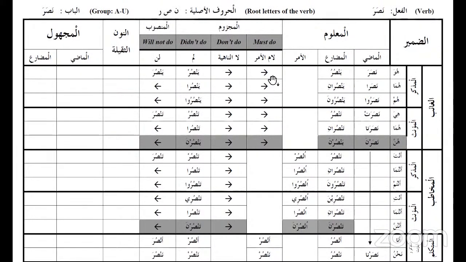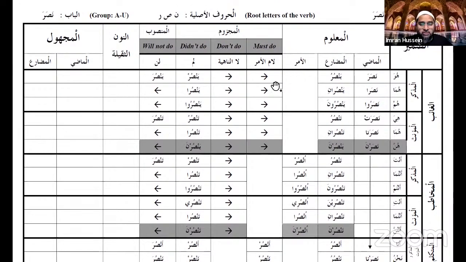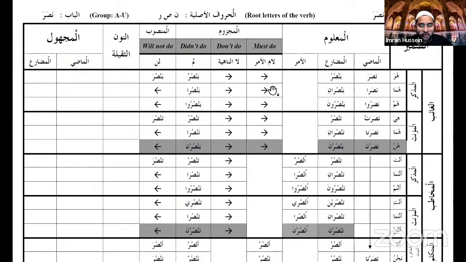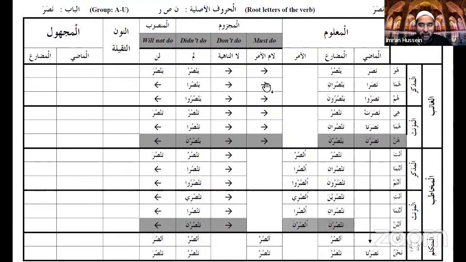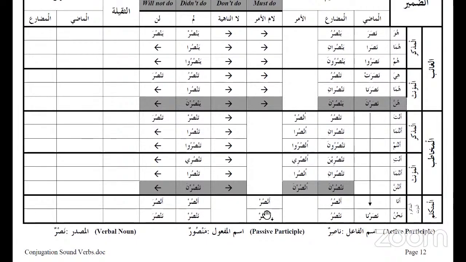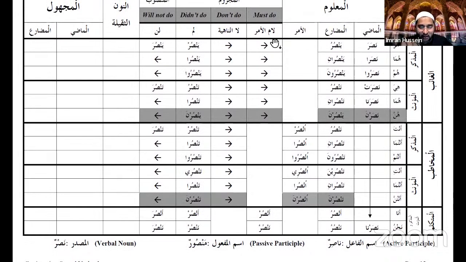Now, li yansur means that he should help. So lam with a kasra: li yansur, li yansura, li yansuru, li tansur, li tansura, li yansurna. Excellent. This lam with a kasra only comes for the third person and the first person.